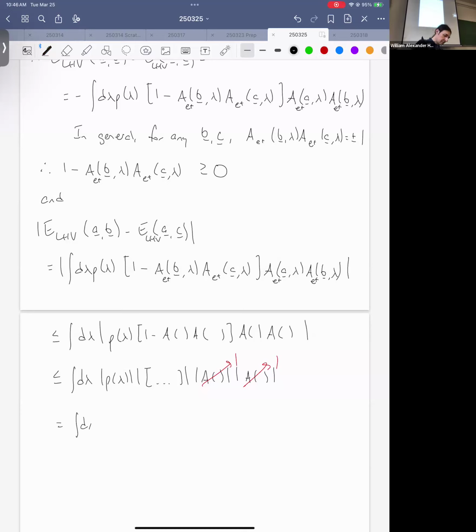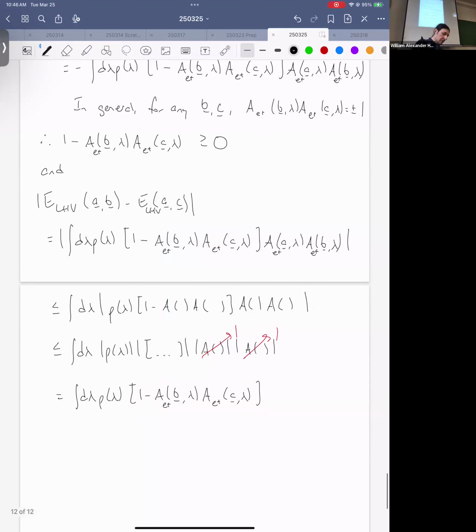It's equal to the integral of d lambda, rho lambda, 1 minus a b vector, a c vector. The integral of rho is just 1, and the integral of rho with the two a's is the expectation value.